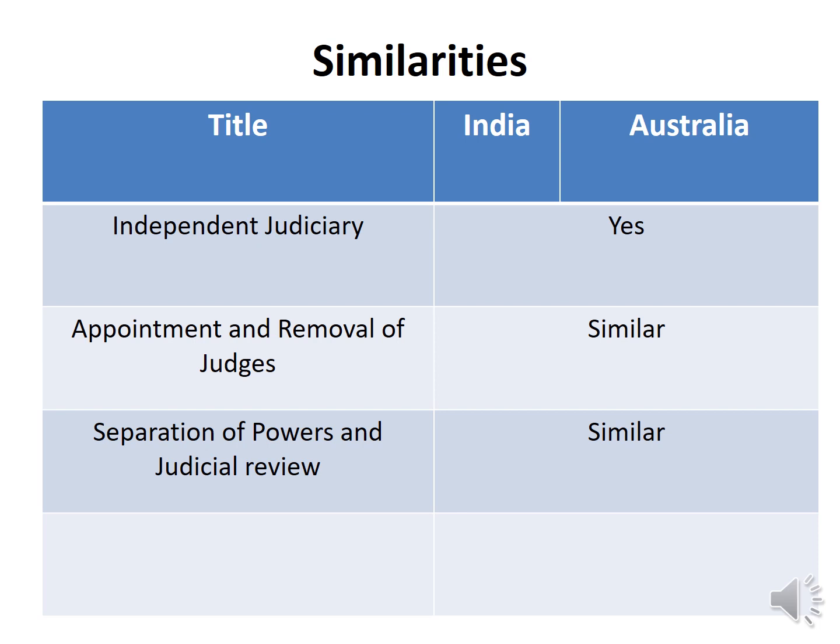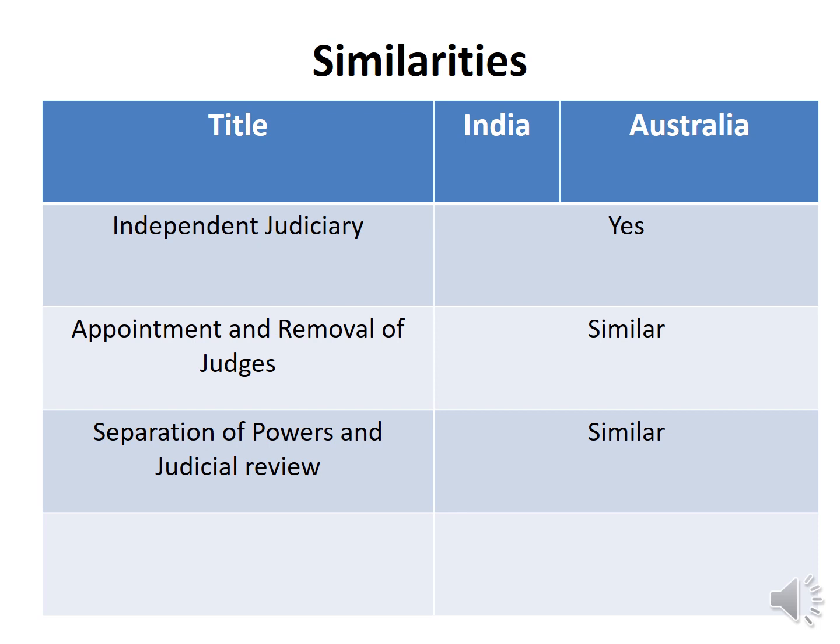Other, independent judiciary, there also judiciary is independent. We have Supreme Court as the last court of justice. Similar is the case with Australia, where the Supreme Court of Australia is the last court of justice, where any petitioner can seek justice, and that is the last step where the justice can be sought, or the topmost court in the Australian country.